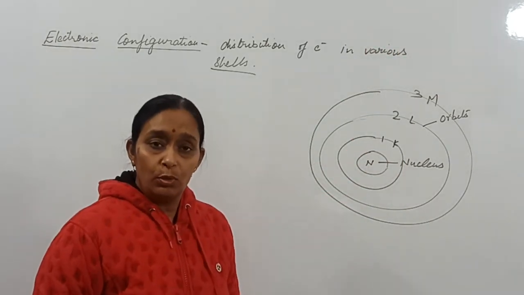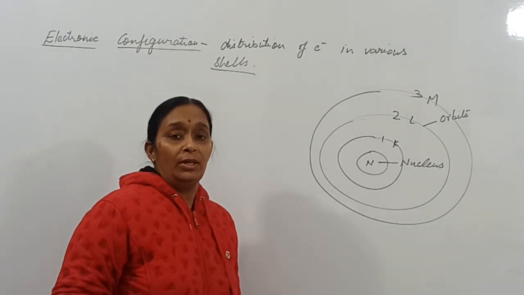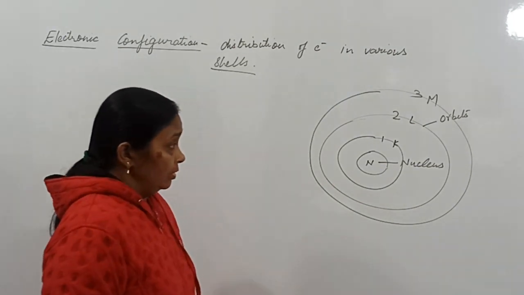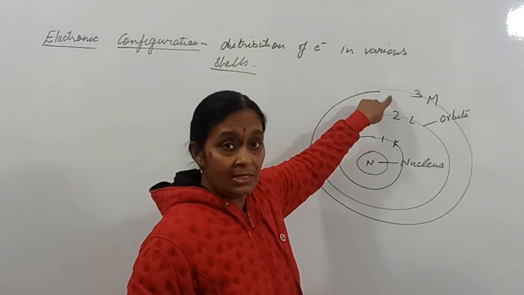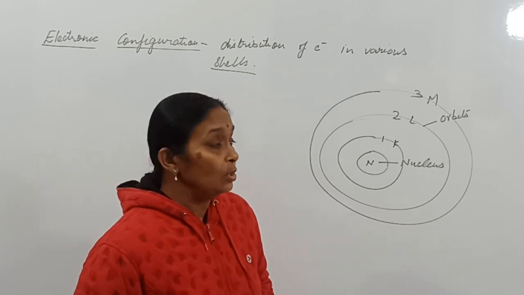So like this we are going to number the orbits. Now if we know the number of electrons or the atomic number, then how many electrons will be filled in these different shells is decided by certain rules. So let us see those rules.